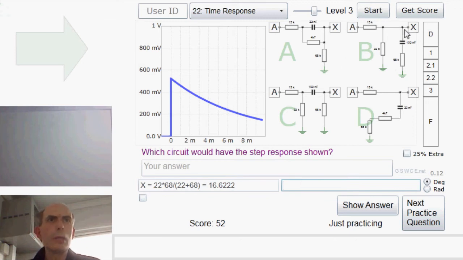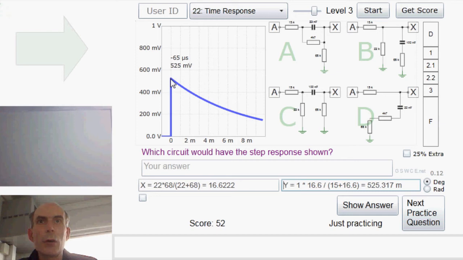That would actually give me, or predict, a pulse height here of about 1, the input step, times the 16.6K, which is the combination of these components at t equals 0, divided by 15 plus 16.6, 525 millivolts, which is pretty darn close to how big this actually gets.